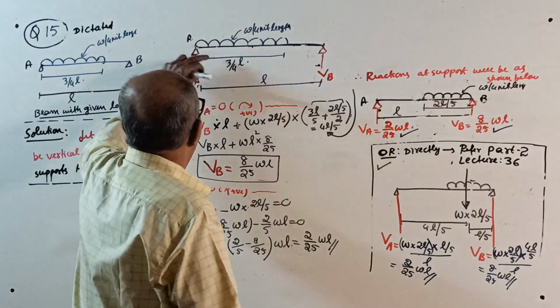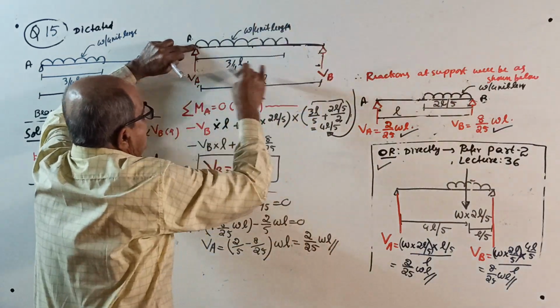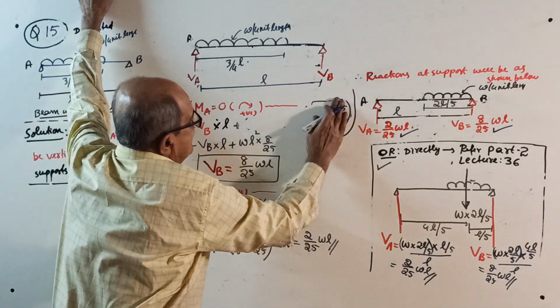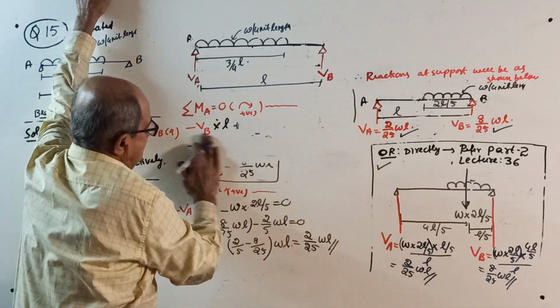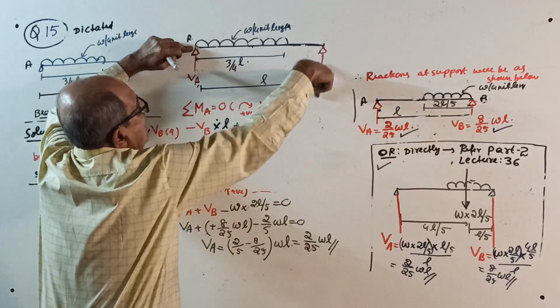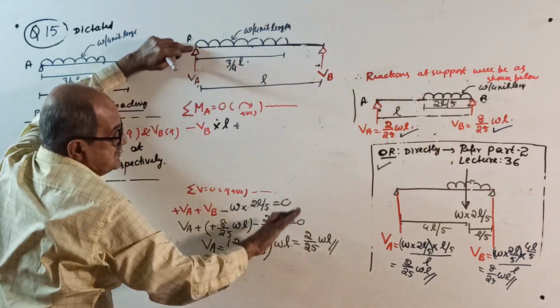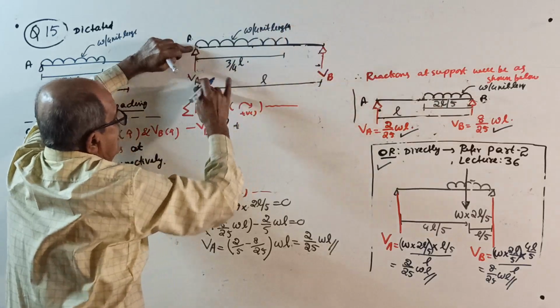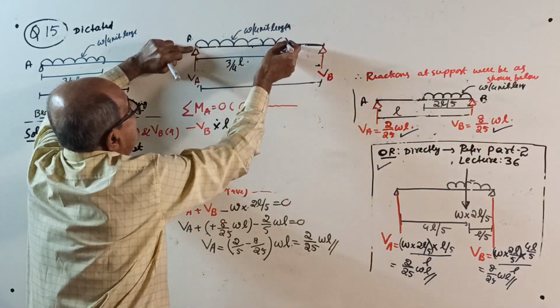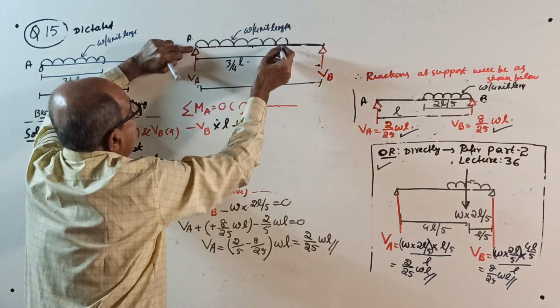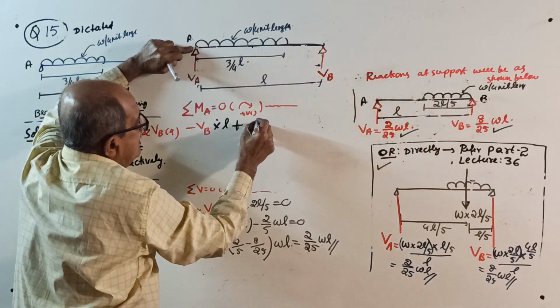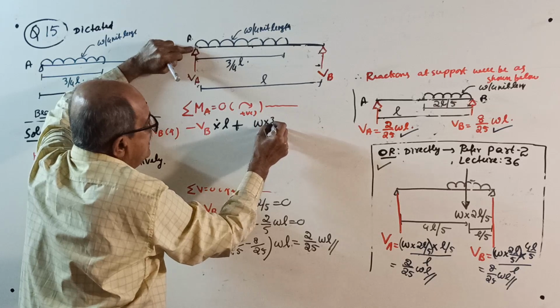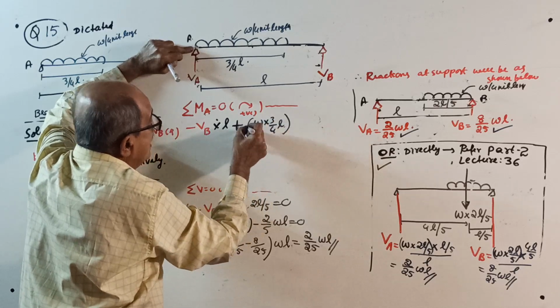Okay, start. Minus VB into L. You should not see this side. Minus VB into L plus W per unit length for 3/4 L. W into 3/4 L is the total load.